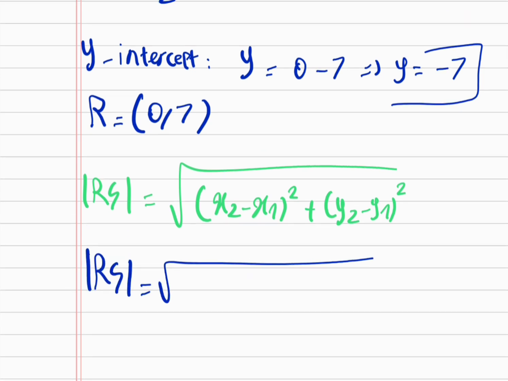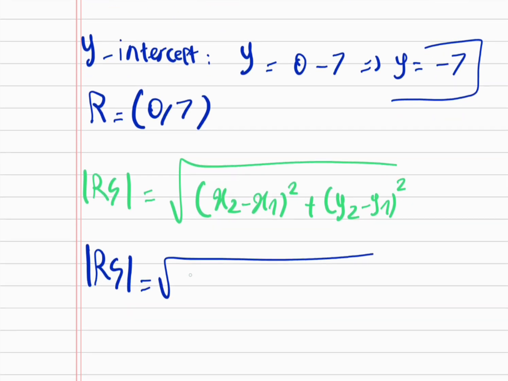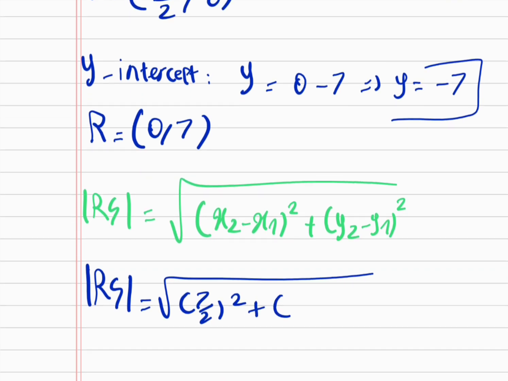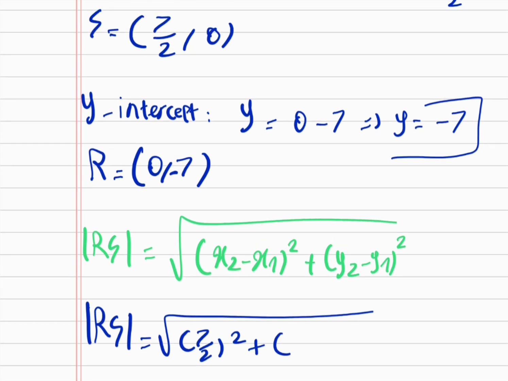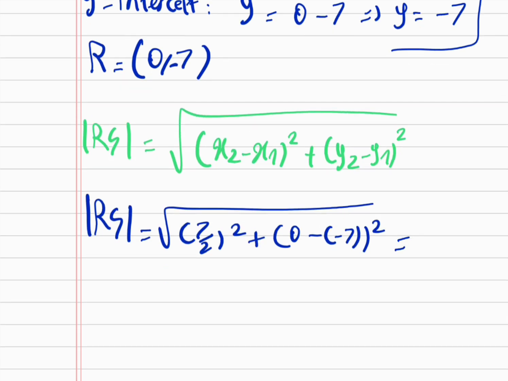For the first part, which is the difference of x, we are going to have (7 over 2 minus 0) squared, so that's 7 over 2 squared. And then for the second part, we are going to have 0 minus 7 squared. Sorry, here it is minus 7, so it's going to be 0 minus minus 7, squared.